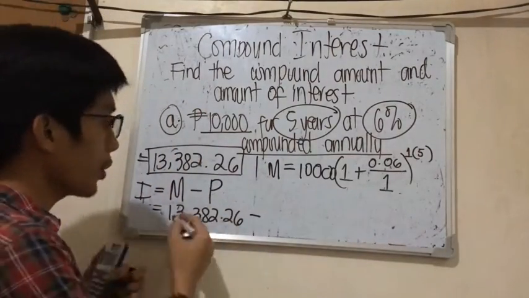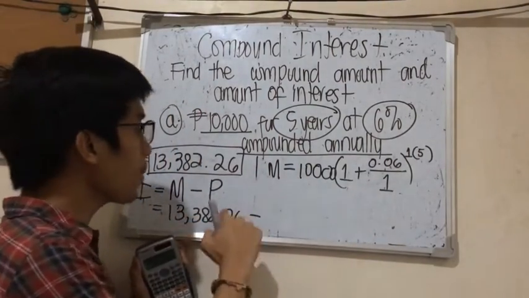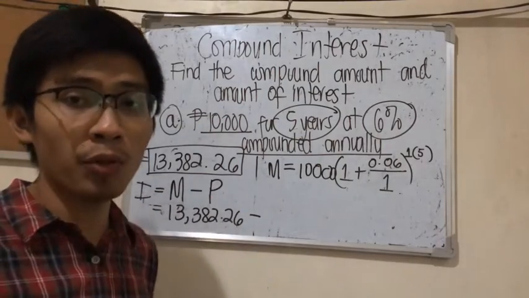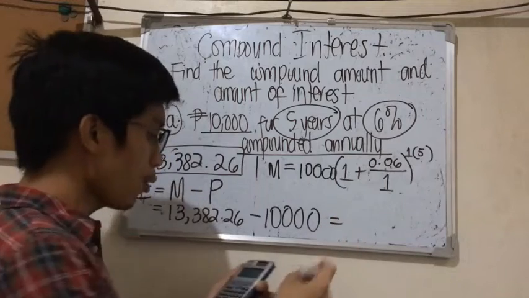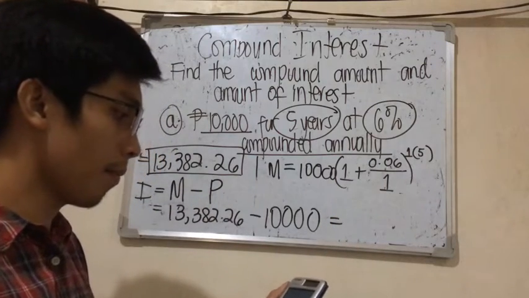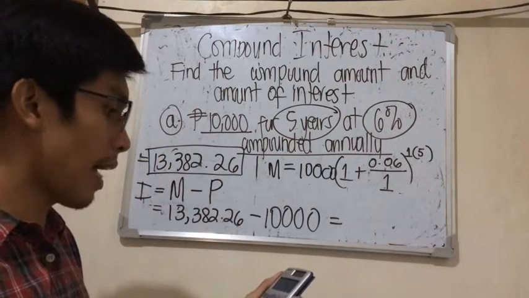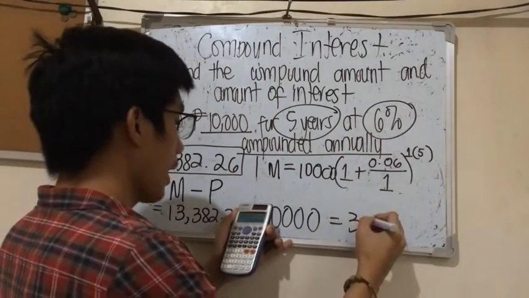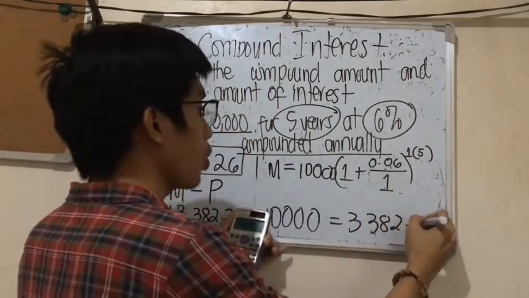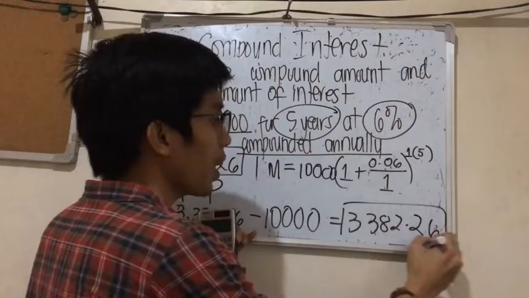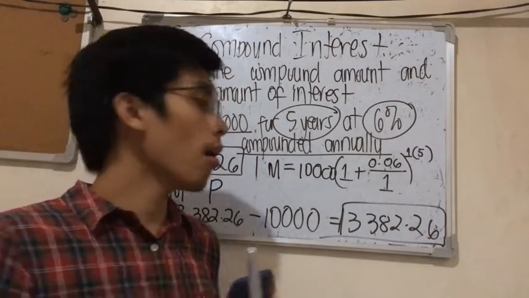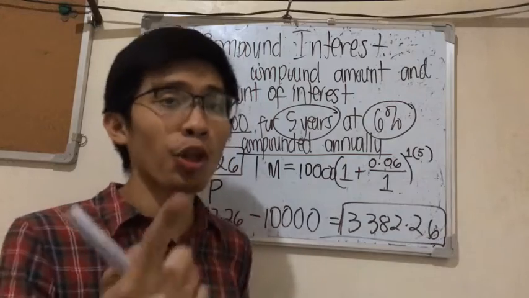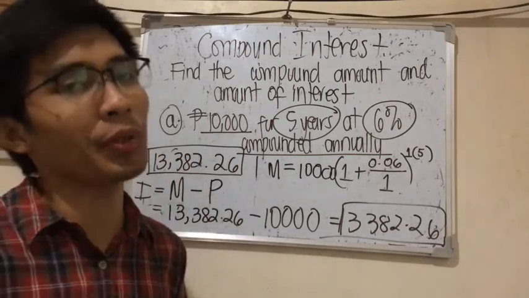I'll deduct what is my P, or my principal amount? That is 10,000 pesos. And once you deduct that, that is 3,382.26. Therefore, from borrowing 10,000, it adds 3,382.26 as an amount of interest.